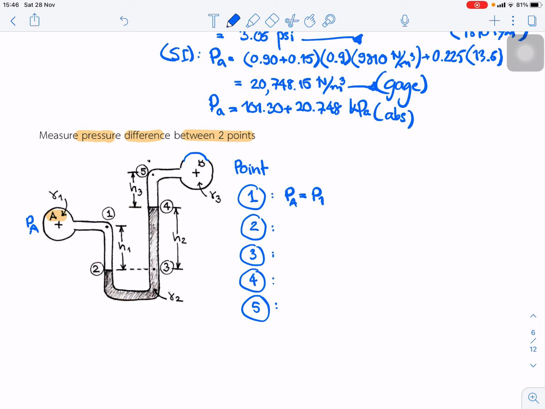And moving to point 2, we expect that P2 is equal to P1 plus gamma 1 H1, because of the increase of pressure. Okay, and at point 3 we expect that P2 is equal to P3, because it is the same level and same fluid, so we can use the concept of jump across.